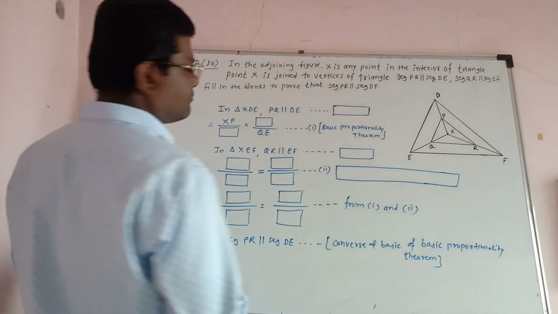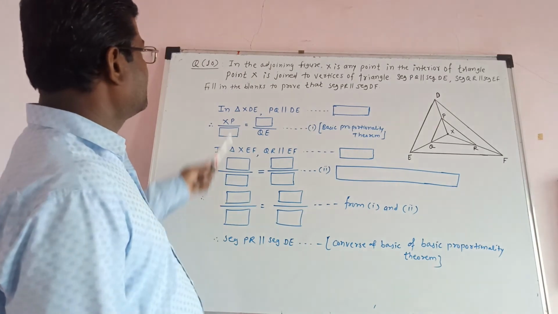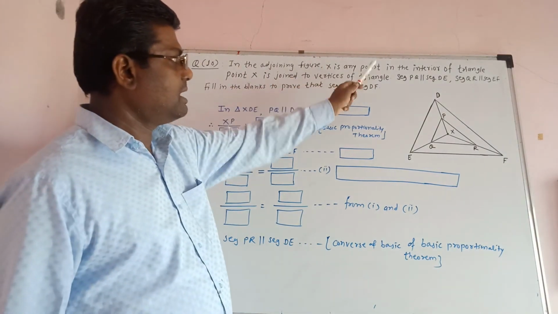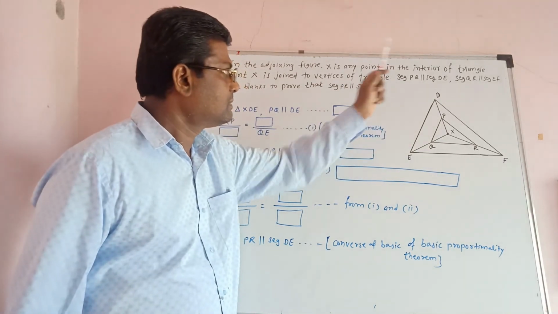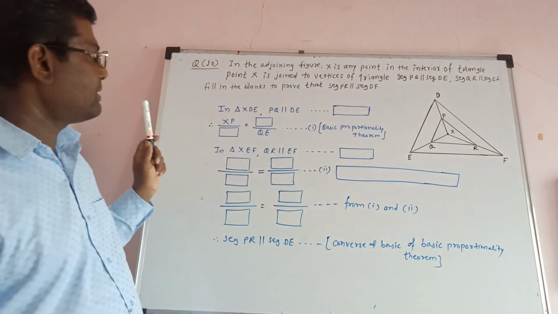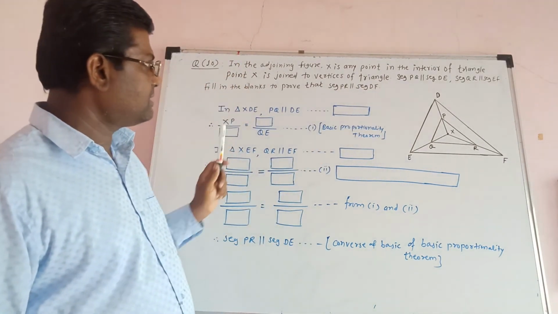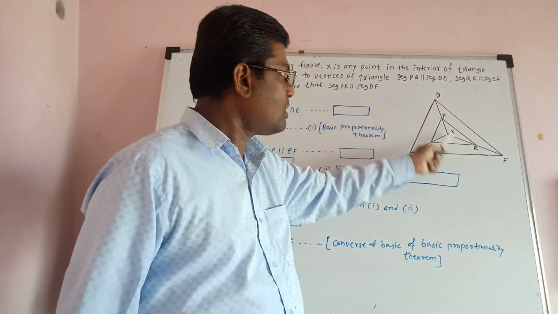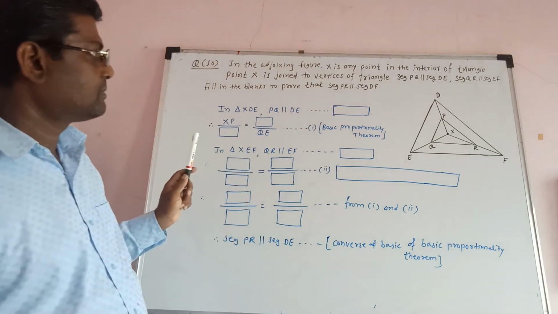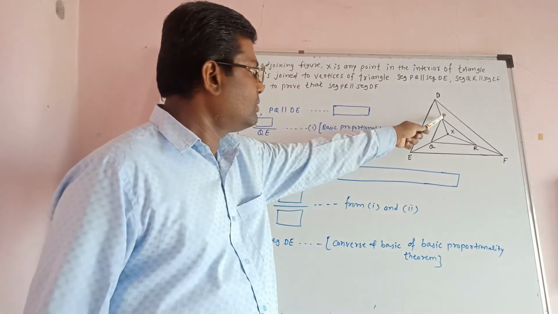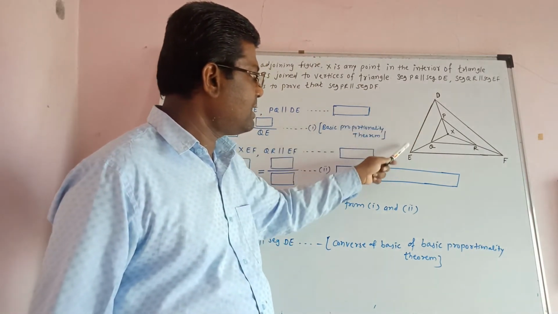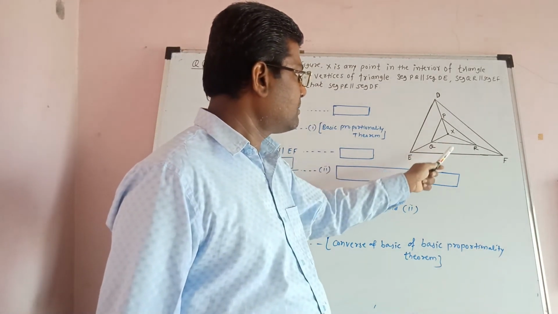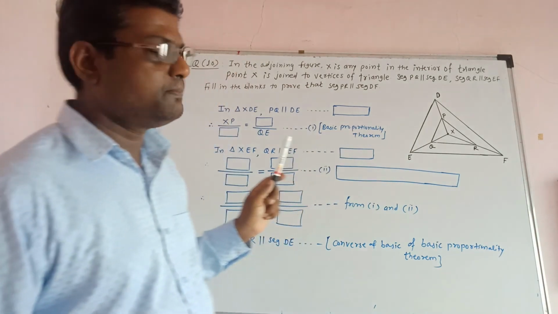Example number 10. In the adjoining figure, X is any point in the interior of a triangle. Point X is joined to the vertices of triangle. Segment PQ parallel segment DE. Segment QR parallel segment EF.